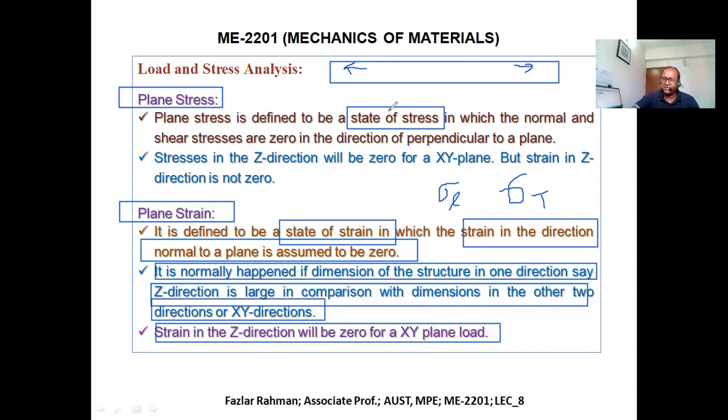So in that case, what would be the increase of length of the pipe? Somebody is pulling in both directions, right, due to the pressurization. Strain means change of length divided by original length.